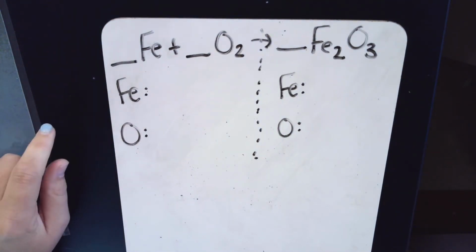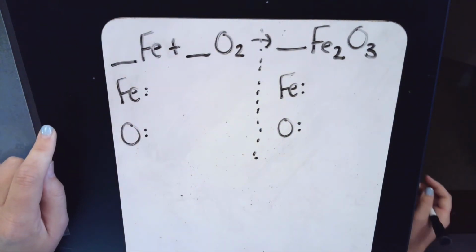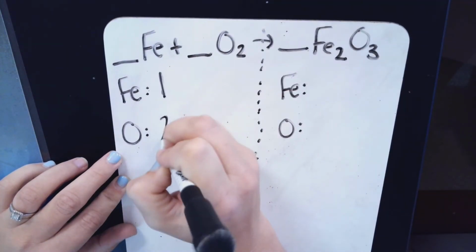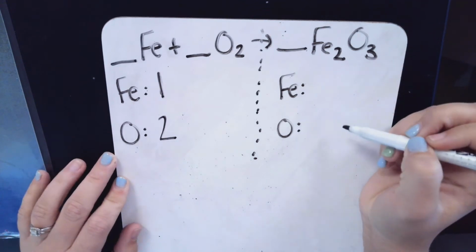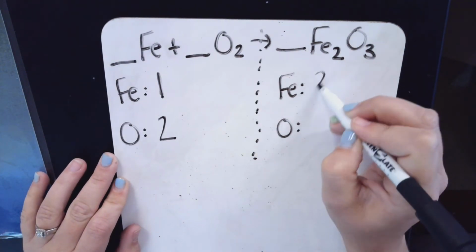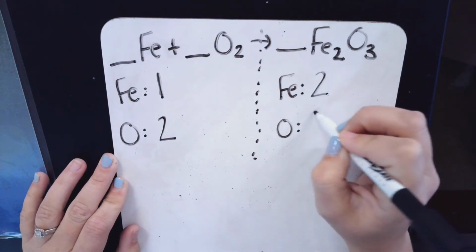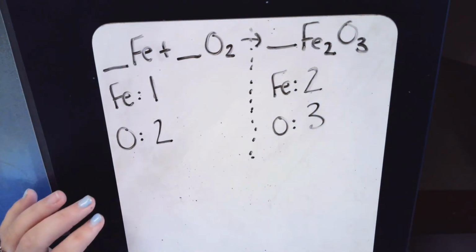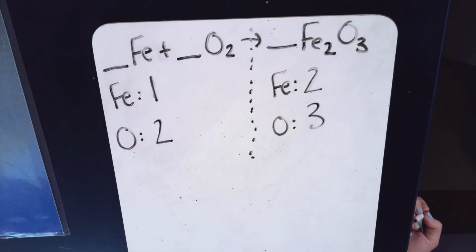So on my reactant side, how many Fe's do I have? 1. How many O's? 2, because they're a little 2. Over here, how many Fe's? 2. And O's? 3. Okay. A hint. When you're balancing equations, don't start with oxygens if you can help it.